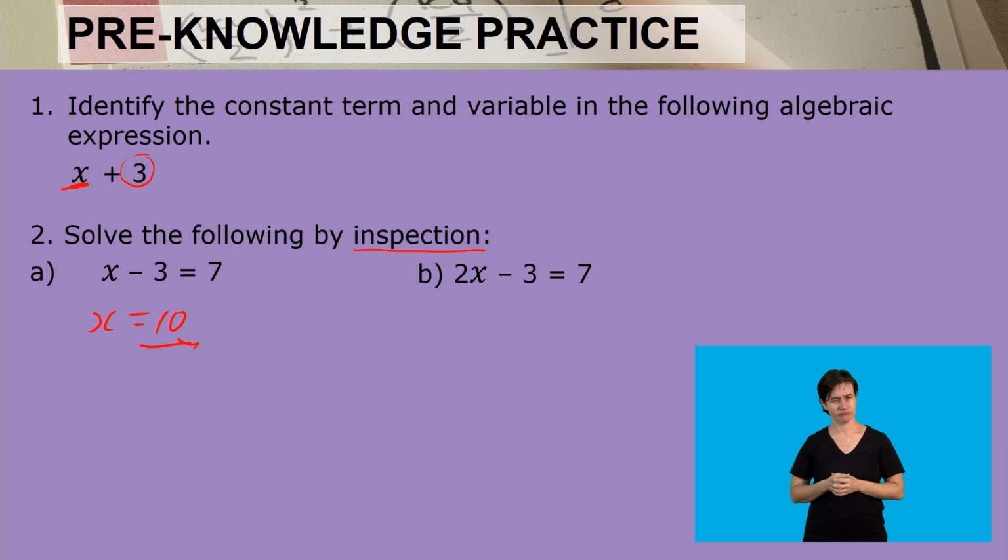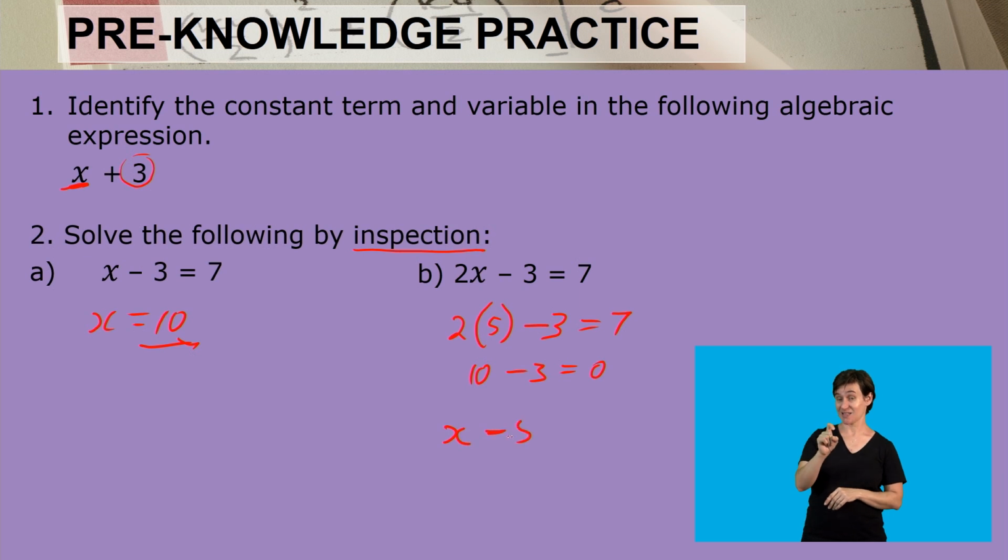For us to get 7, we would have to be multiplying 2 and 5, because 2 times 5 gives us 10, and then when we subtract 3 from that, we get 7. So it would be 10 minus 3, which is 7. Therefore, our answer, we were only supposed to write x equals 5.